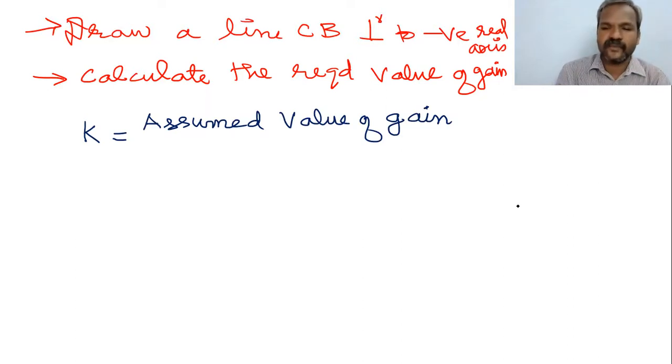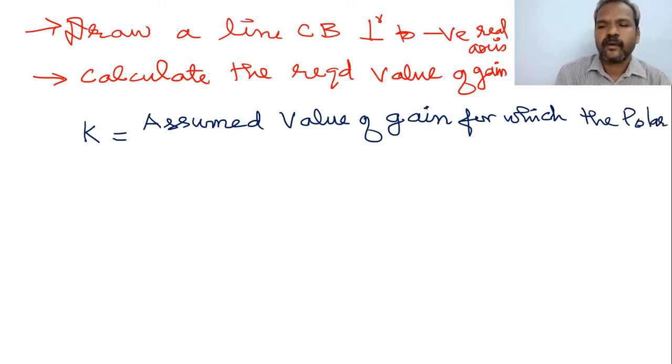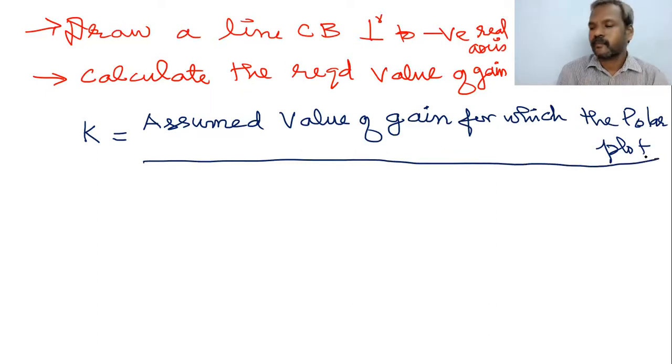Any assumed value of gain for which the polar plot is drawn, divided by the length OB.